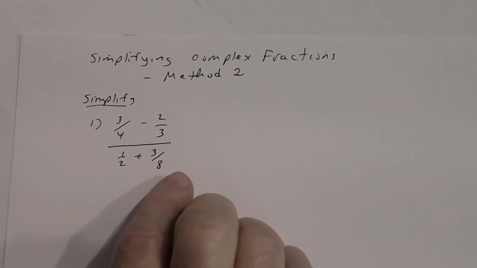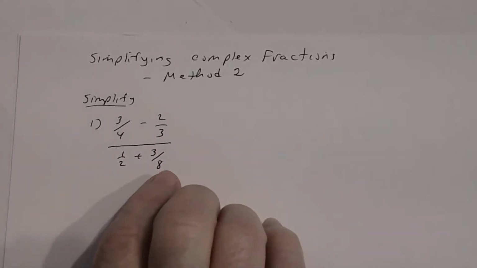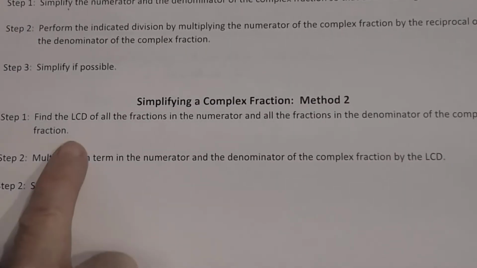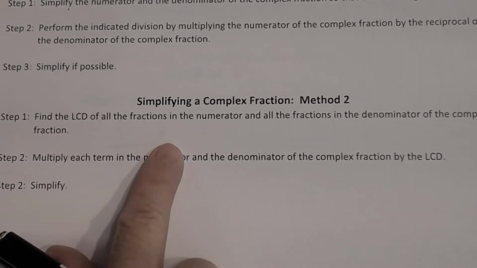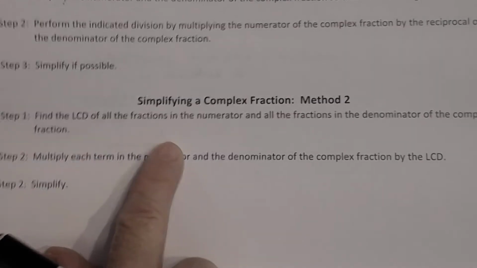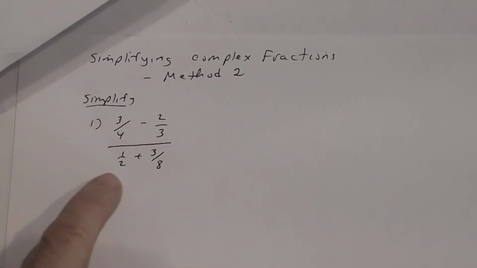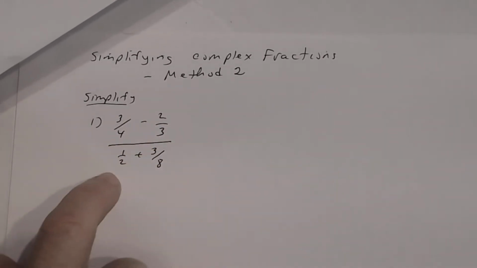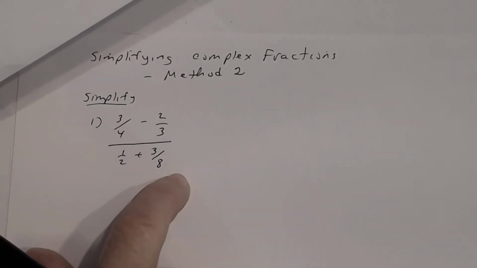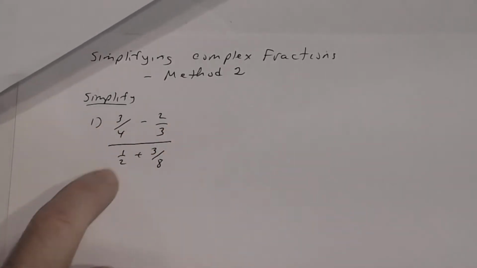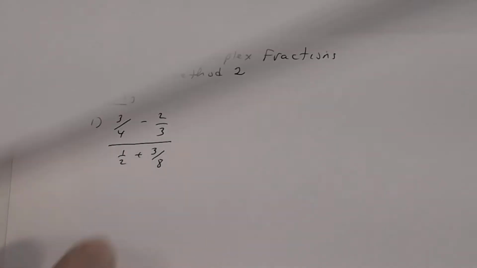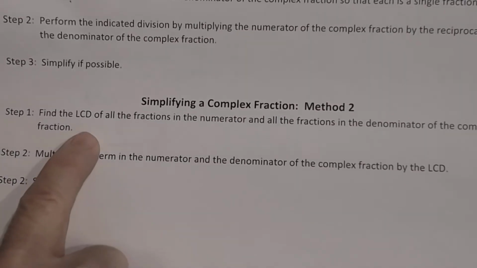Method 2 says you look at all of your denominators in both the numerator and the denominator. My denominators are 4, 3, 2, and 8. So I have 4 fractions. Then I have to find the LCD of all of those.